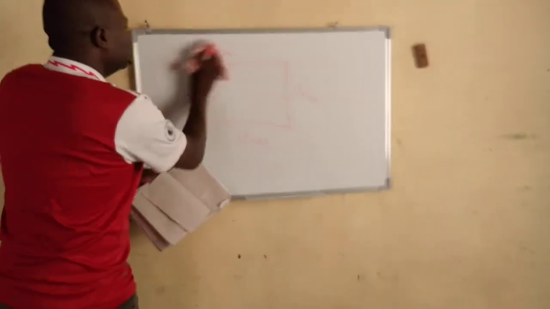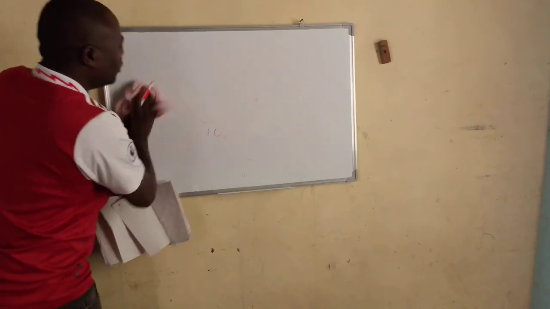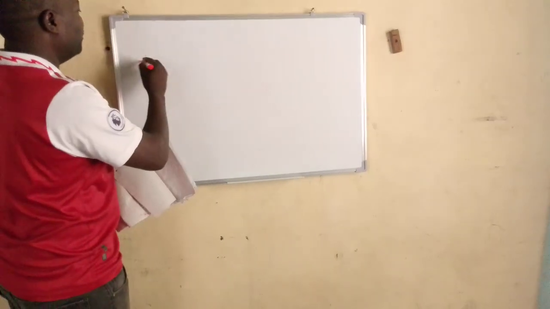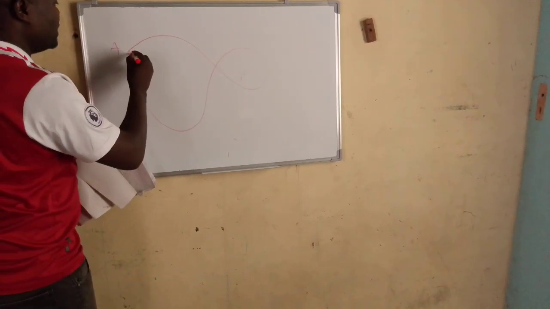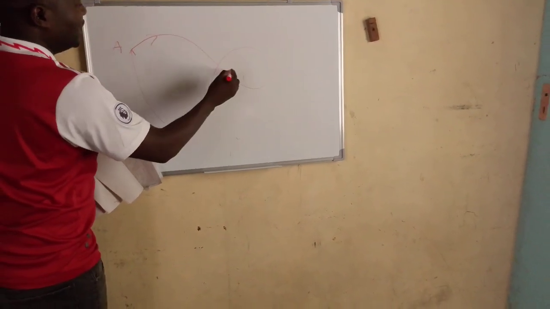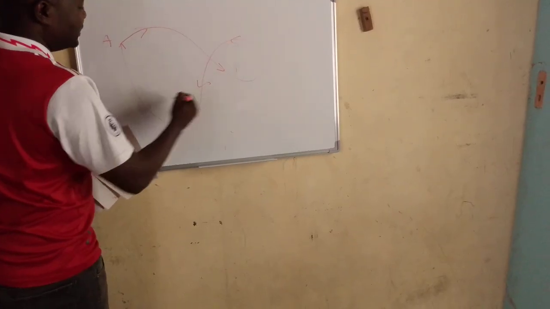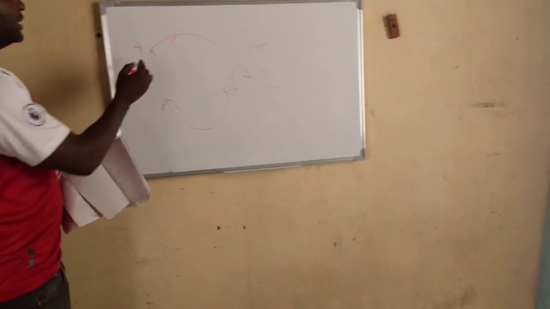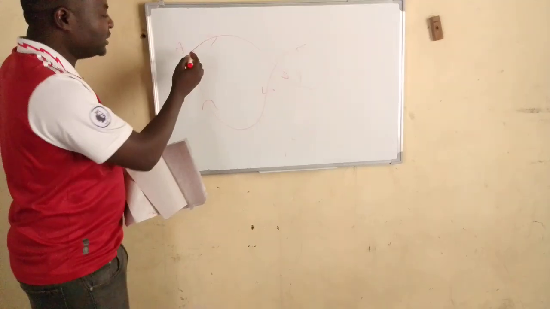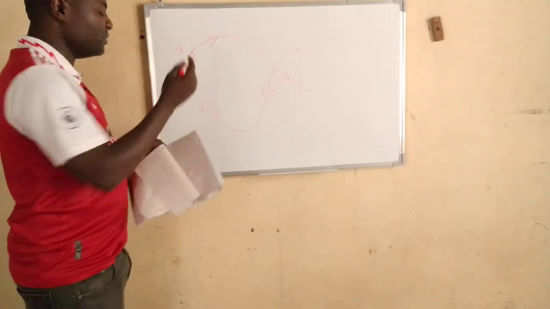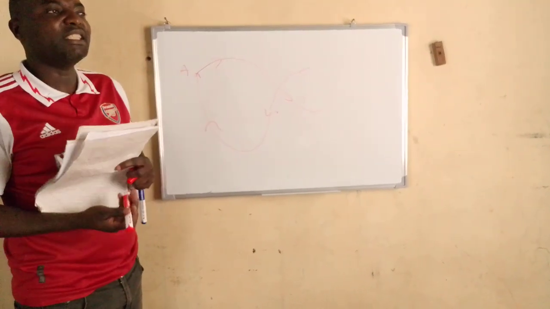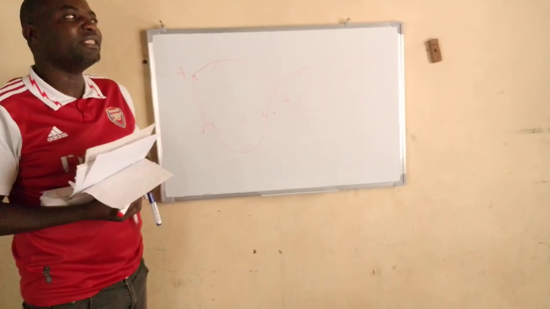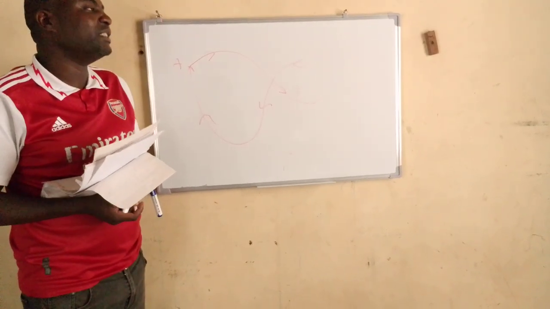Or an object could have traveled from point A like this, then goes back, such that if we measure the total distance, we get 50 meters. But as long as it came back to the initial starting point, the displacement is 0. This is basically how distance and displacement are explained in the study of kinematics.